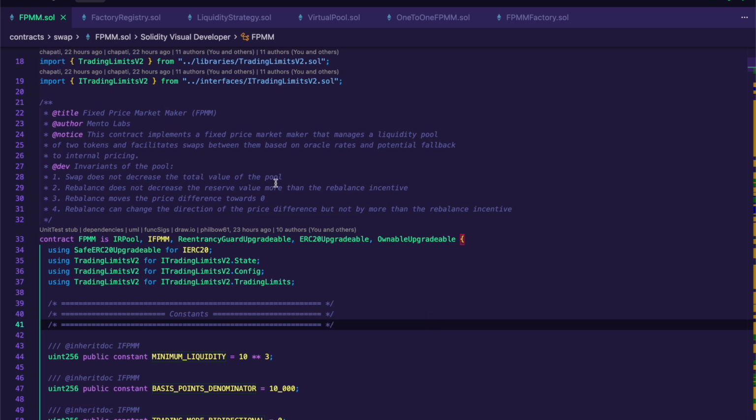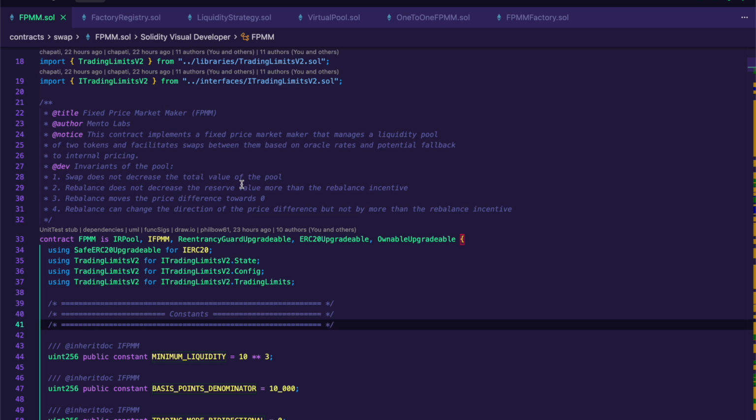The most important functions in the FPMM are the swap function and the rebalance function. In general, the swap should always increase the total value of the pool by the swap fee, while the rebalance is allowed to decrease the total value of the reserves by a rebalance incentive.